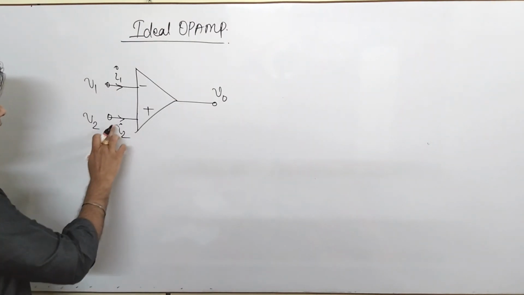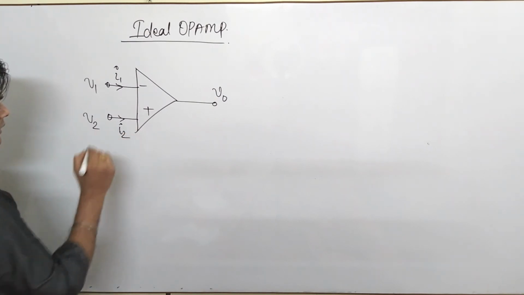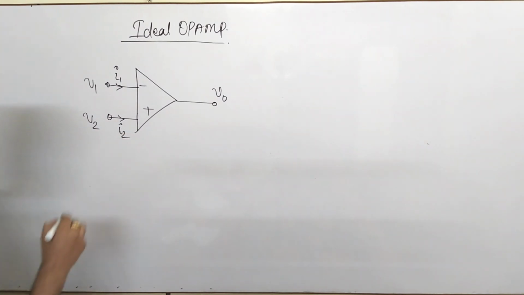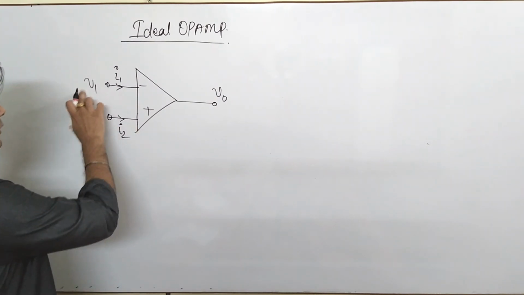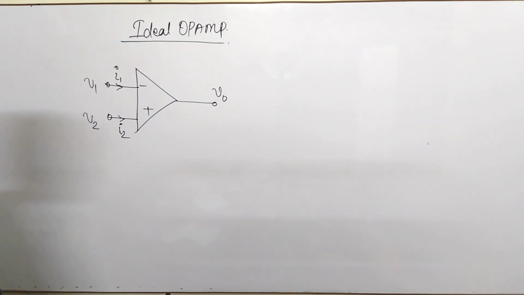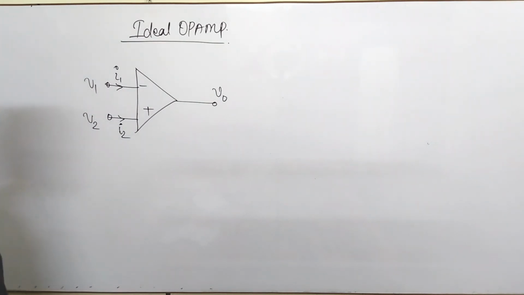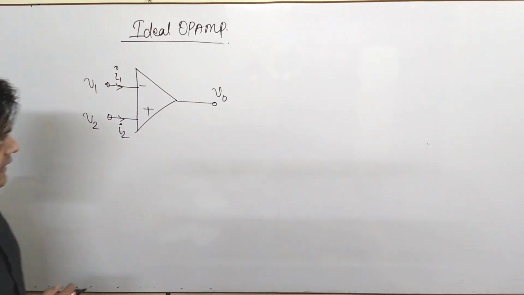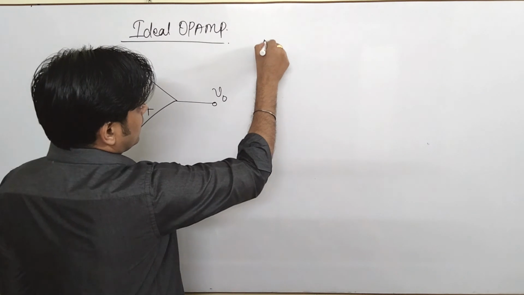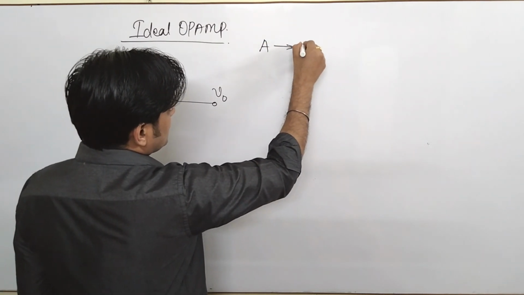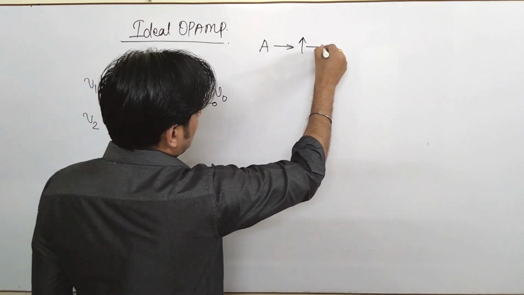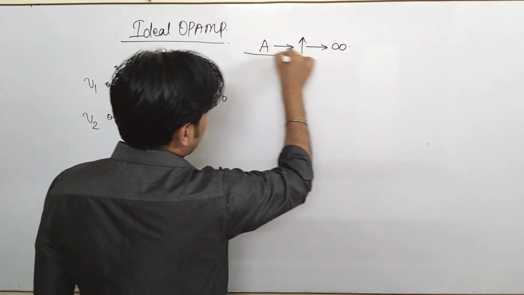This is your I1, this is your current I2. Voltage V1, V2 and V0. So as I said, what do you mean by an ideal op-amp? Just try to understand that, as I said, the gain A of an op-amp is very high, or ideally you can say it is infinite.